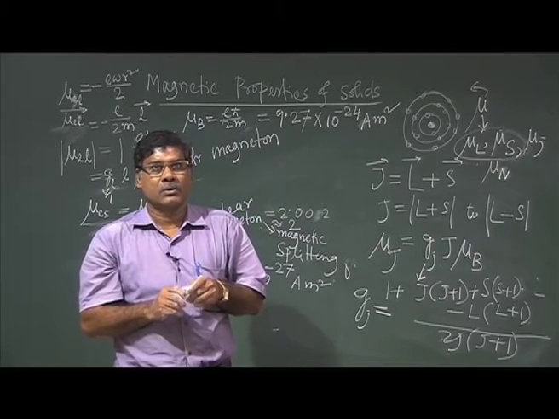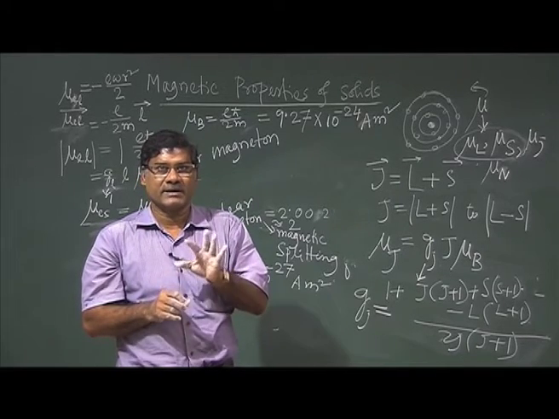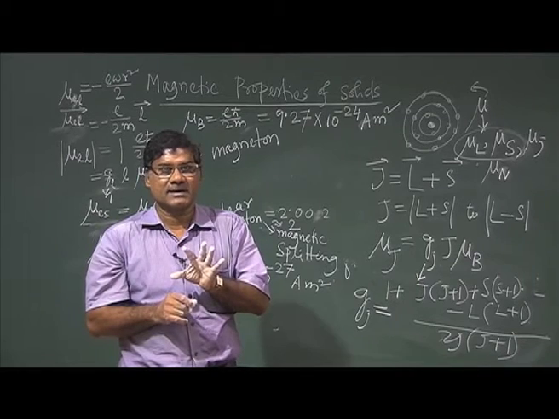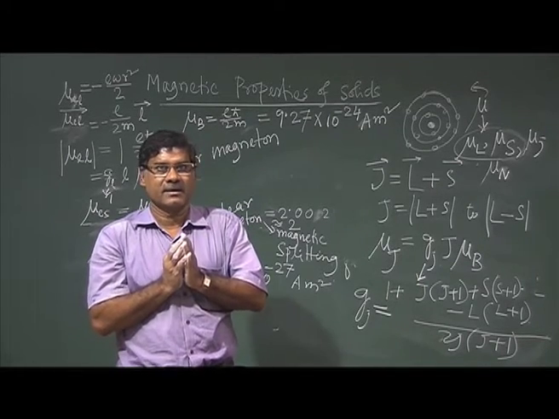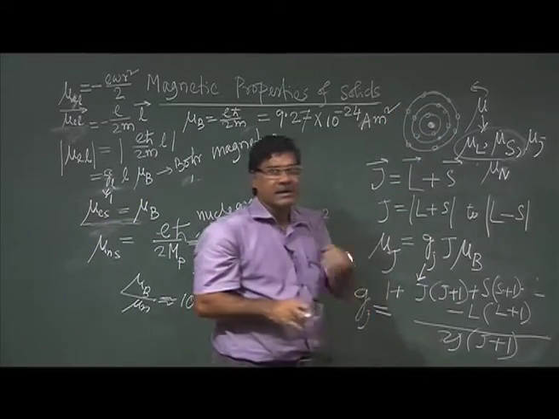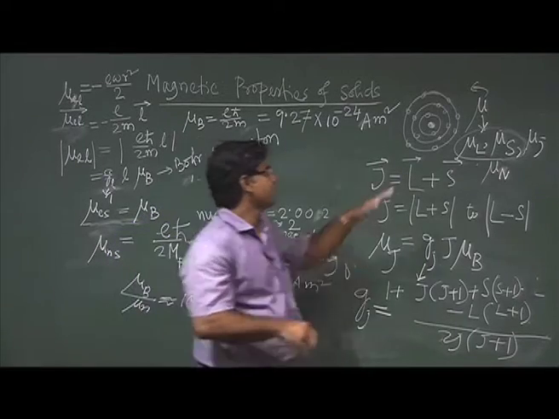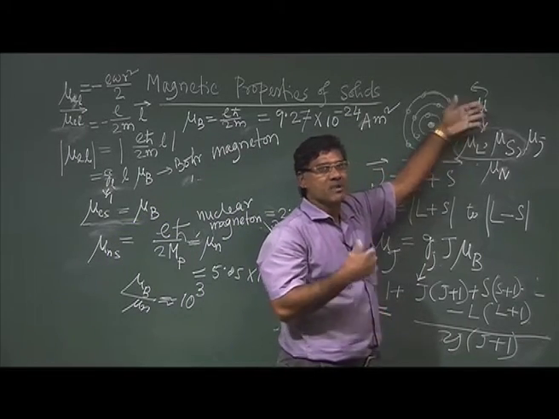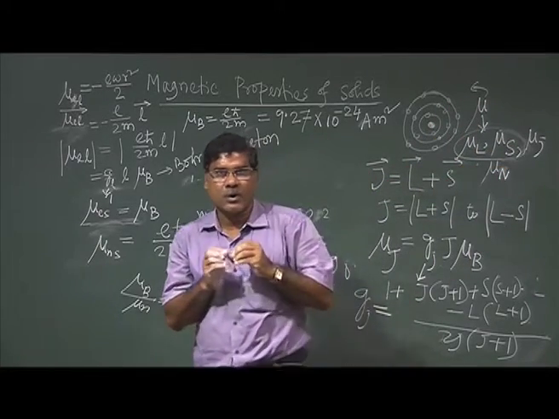So, we will discuss that whenever it is necessary, but right now we will take it that the magnetic moment of this atom in a solid, in a material, is μ. This μ can be μ_L, μ_S or μ_J, but let us forget that.